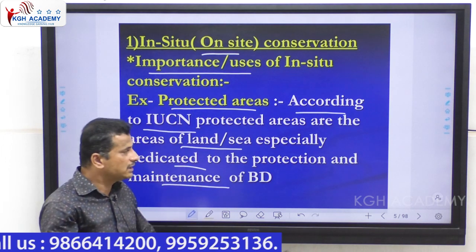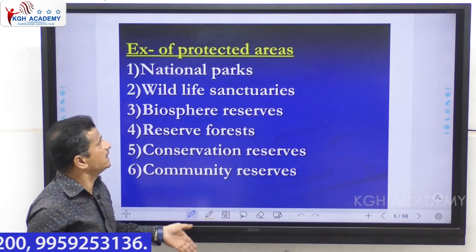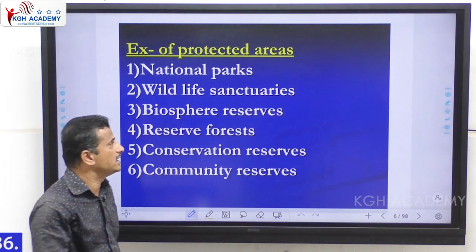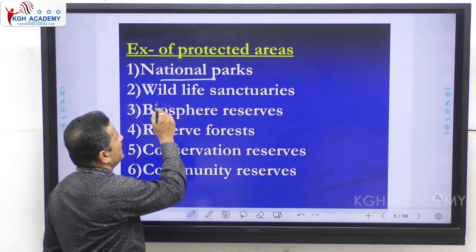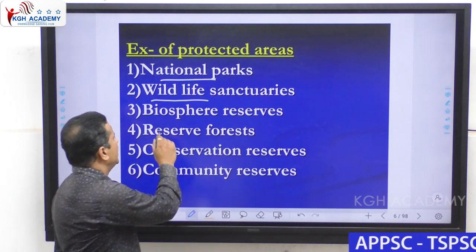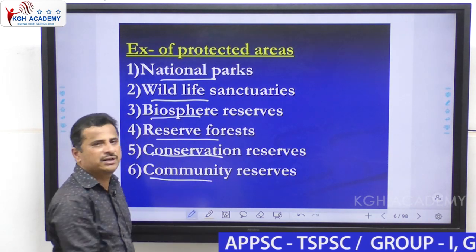Then what are the protected areas? Here I am giving a list of different types and examples of protected areas: national parks, wildlife sanctuaries, biosphere reserves, reserve forests, conservation reserves, and community reserves.